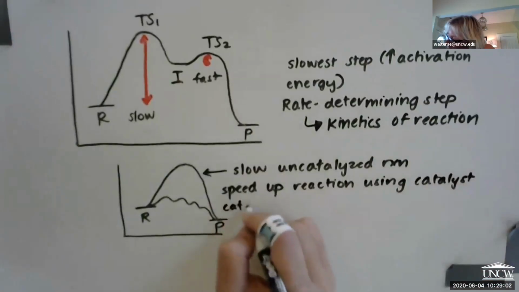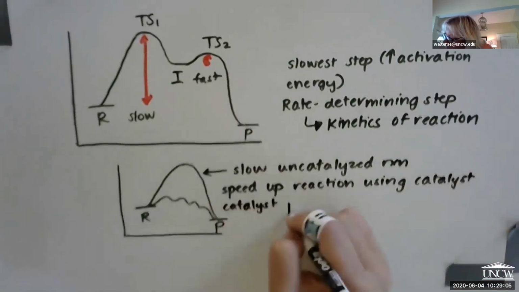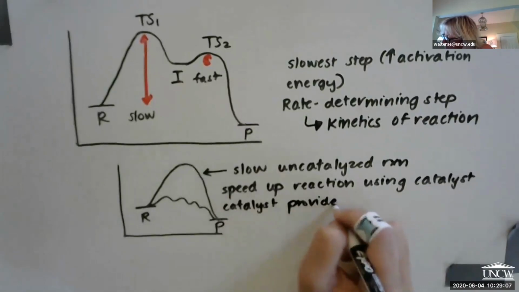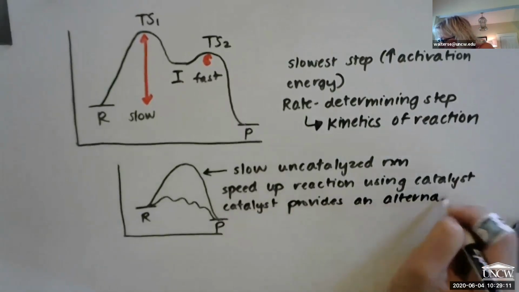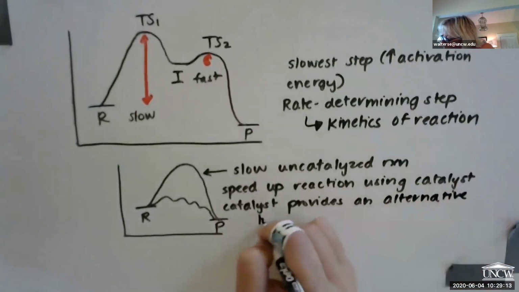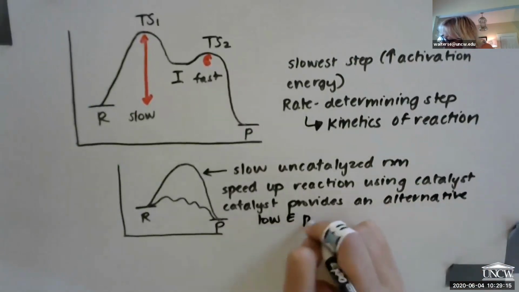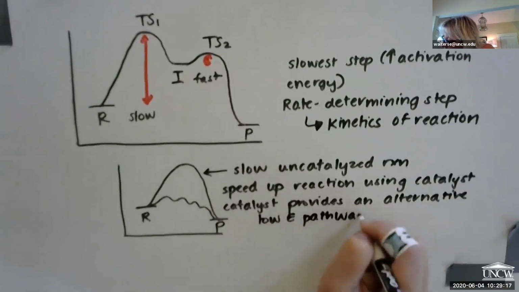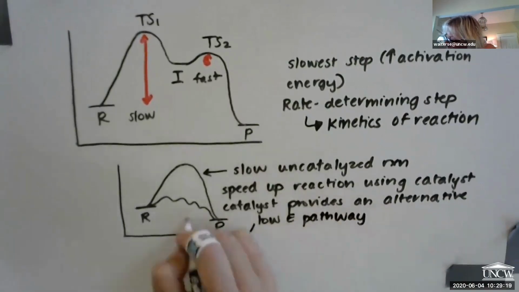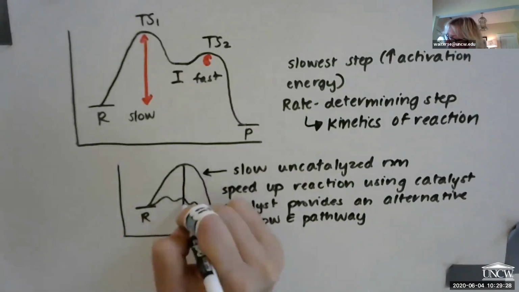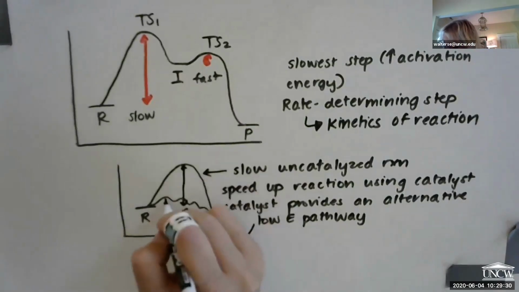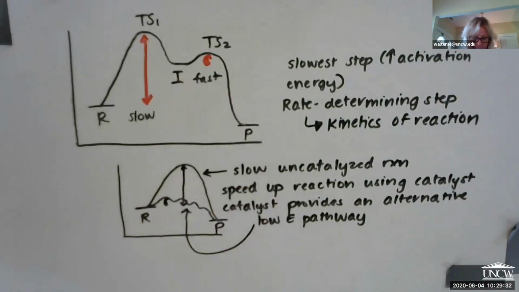And the catalyst provides an alternative low energy route or low energy pathway. So that would be this squiggly line at the bottom. The activation energy goes from here to here. So it's a faster reaction.